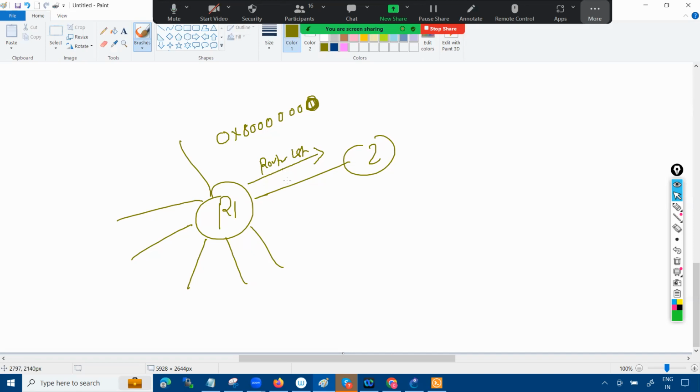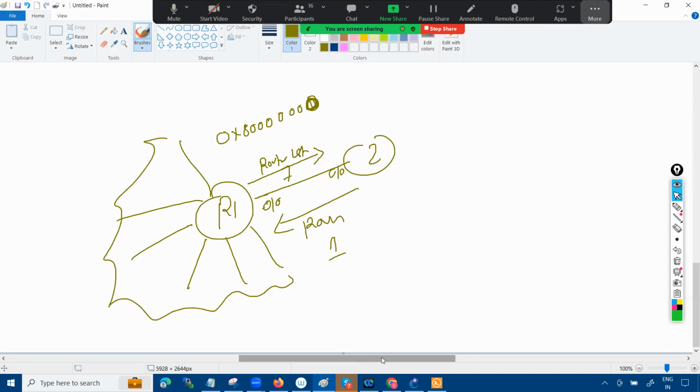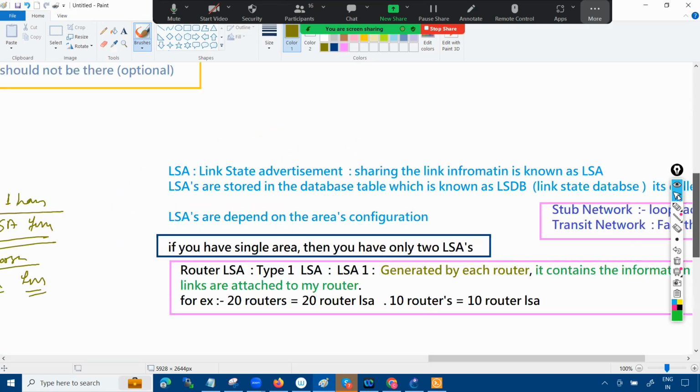Six links are stub links because of the loopbacks, and 1 link is my transit network, so a total of 7 links. If there were no loopbacks, it would say, I have a router LSA, but I will only advertise 1 link, which is my transit link. Guys, does anyone have questions on the router LSA?